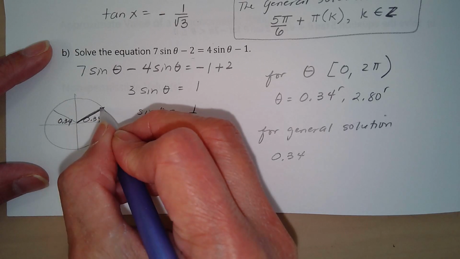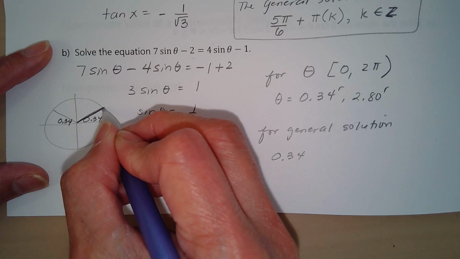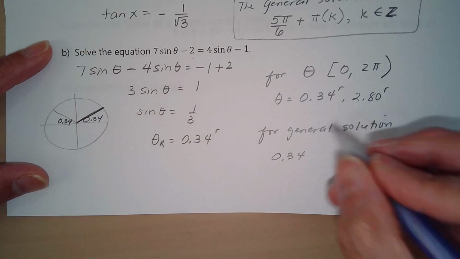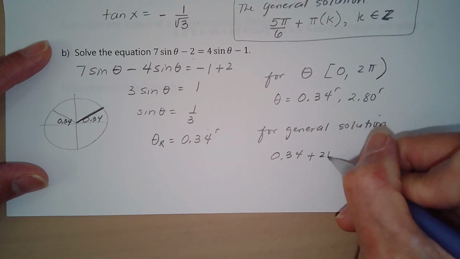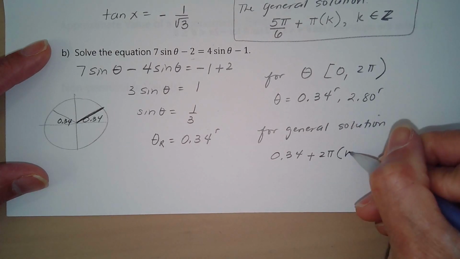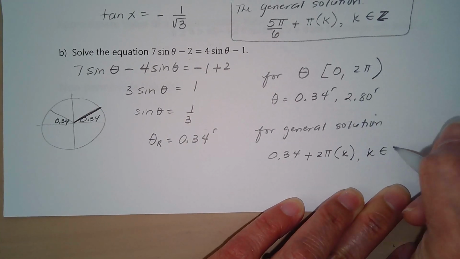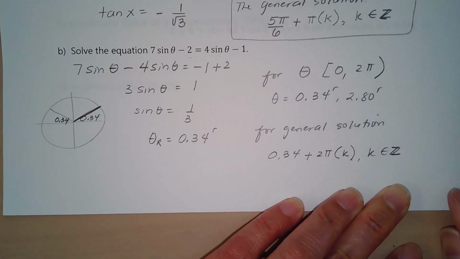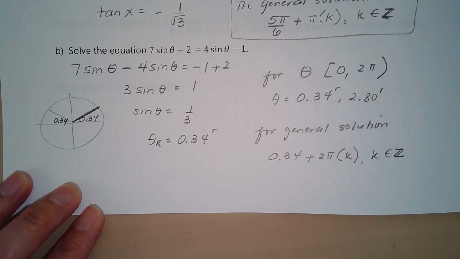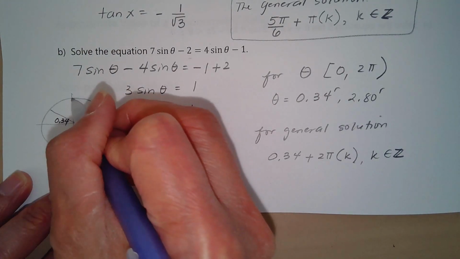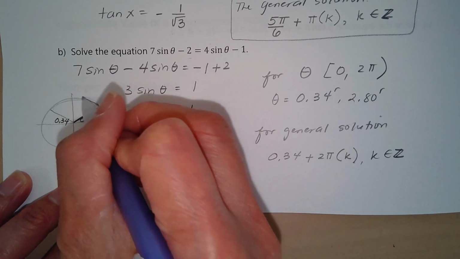Now to get back to this terminal arm, you have to turn how much? 2 pi. So 2 pi k, where k is an element of an integer. Now this is not a pi turn, right?